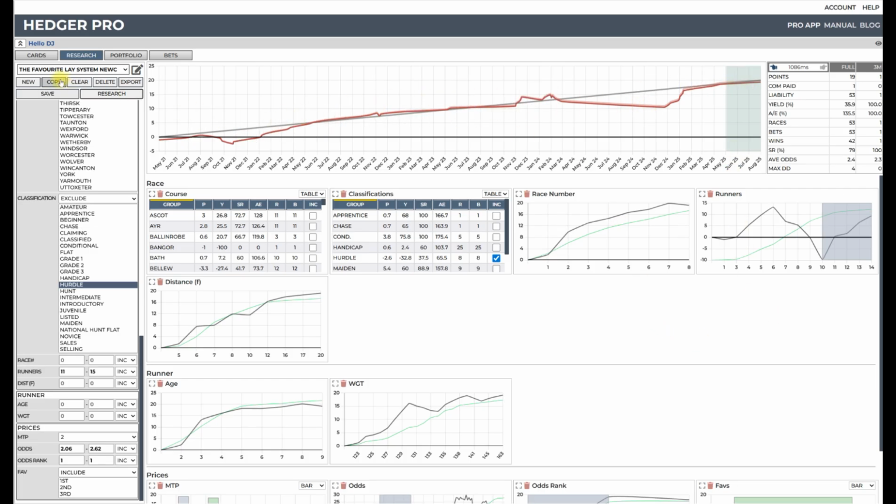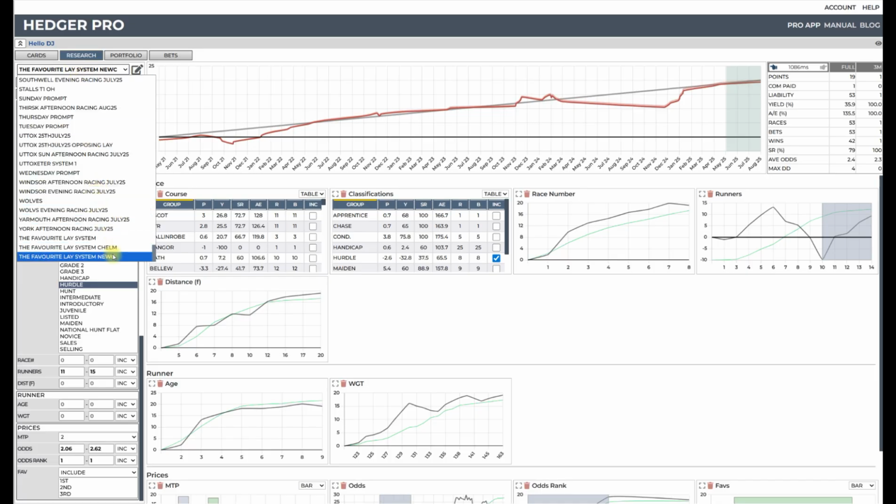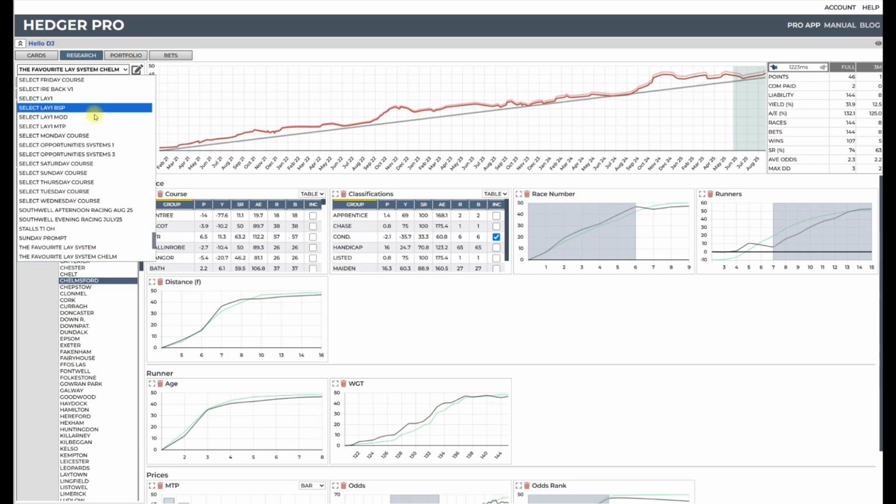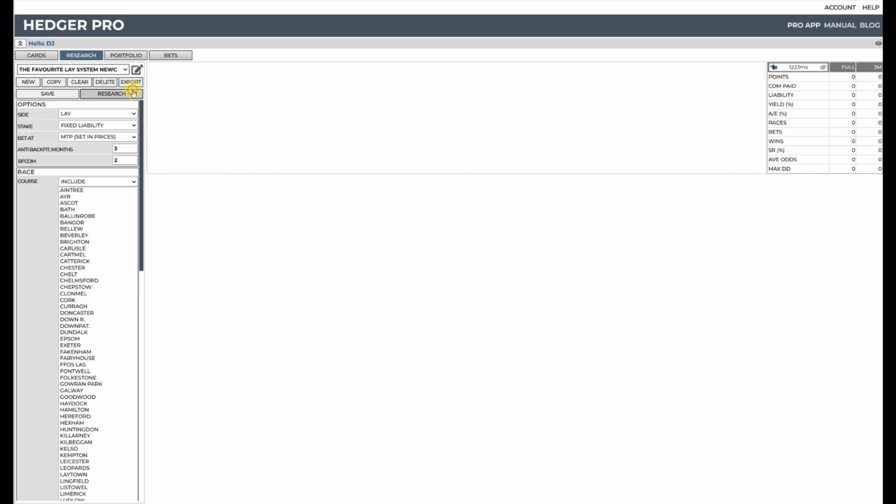So we've got 2 systems now. Favourite lay system at Chelmsford, favourite lay system at Newcastle. Okay, so we've got 2 systems so far that I've created for this approach, 1 for Chelmsford and 1 for Newcastle.